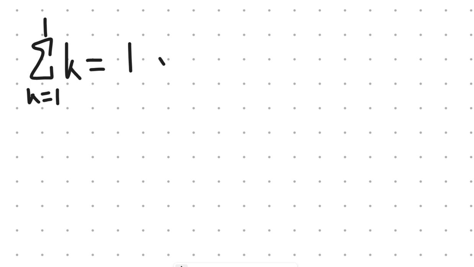Before we dive right in, we have to try a few numbers. Let's say when n is 1, the sum where k goes from 1 to 1 of k will be 1. That's perfect. We can try n equal to 2.